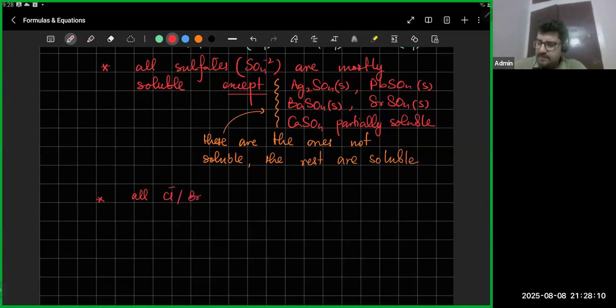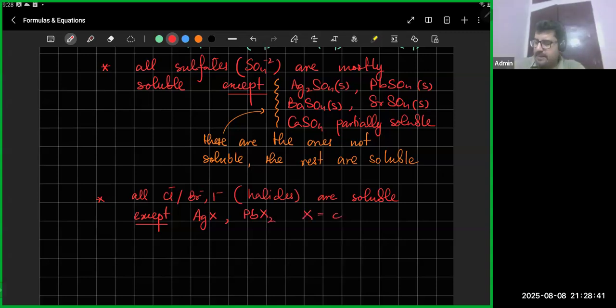So all halides are soluble. Except, I mean, this one has exceptions as well. There are two that are not soluble. Except silver halide and lead halide. Where X could be Cl or Br or I.